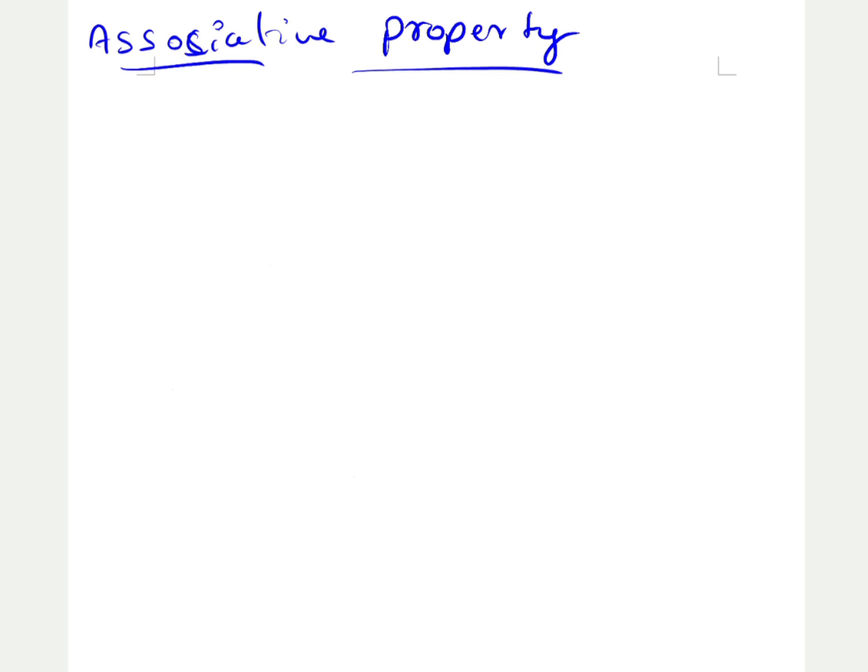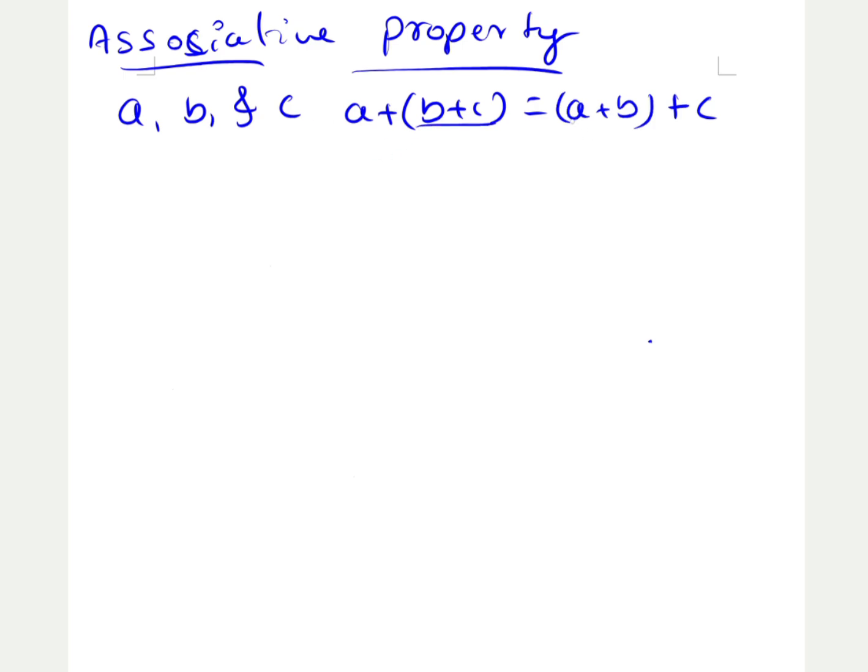Next one is the associative property. For every integer a, b and c, (a plus b) plus c is equal to a plus (b plus c).